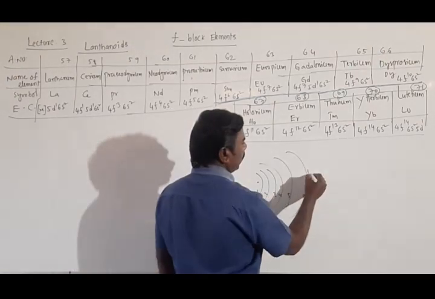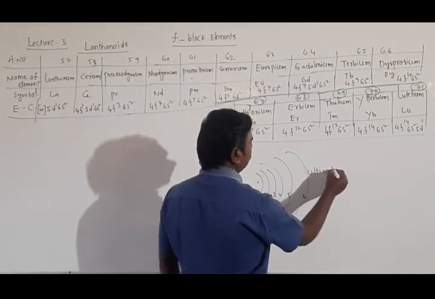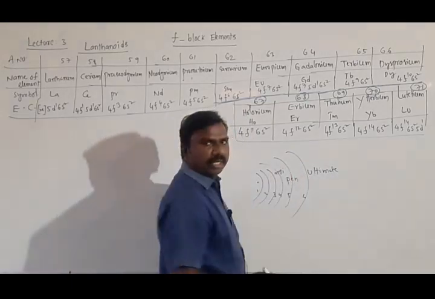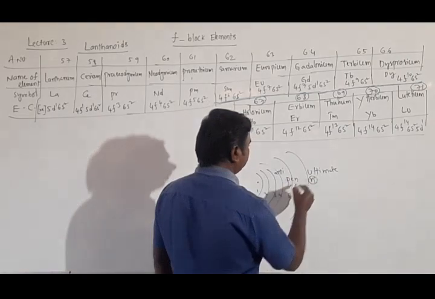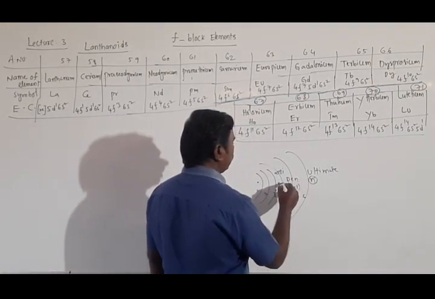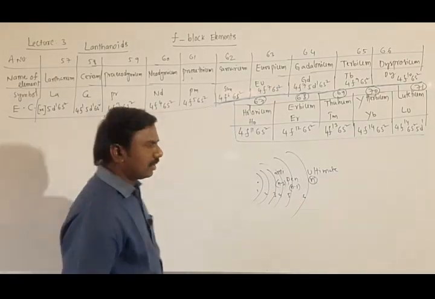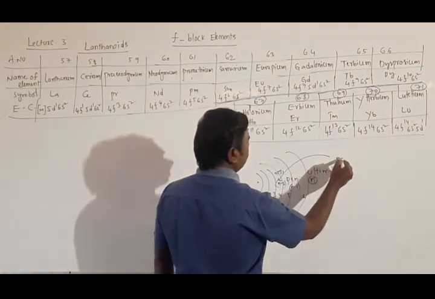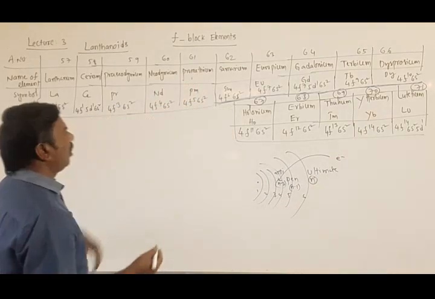This is the last shell, ultimate shell, and it is penultimate shell. It is anti-penultimate shell. It is nth shell. It is n minus 1. It is n minus 2. If the differentiating electron enters into the n minus 2 shell, those are called F block elements.